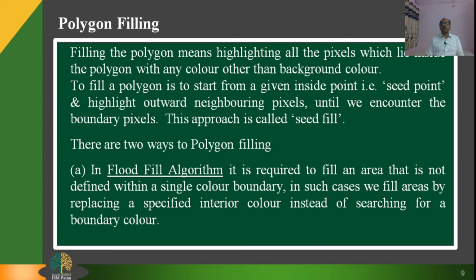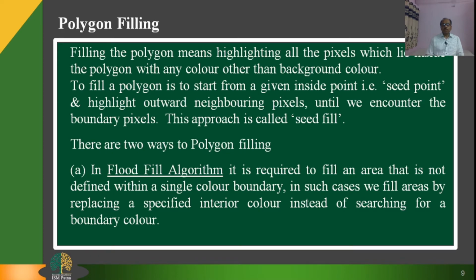In such a case, we fill areas by replacing a specified interior color instead of searching for a boundary color. Here we start with some seed and examine the neighboring pixels, and they are replaced by the new color. We have two ways, either 4 connected or 8 connected approach.